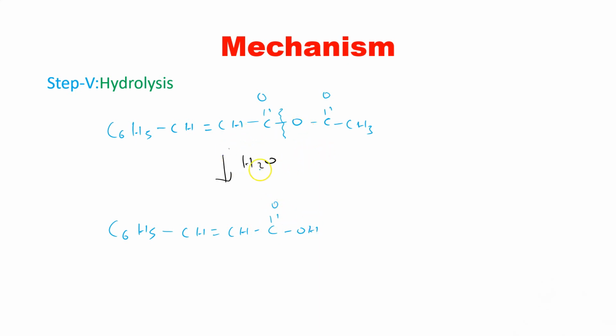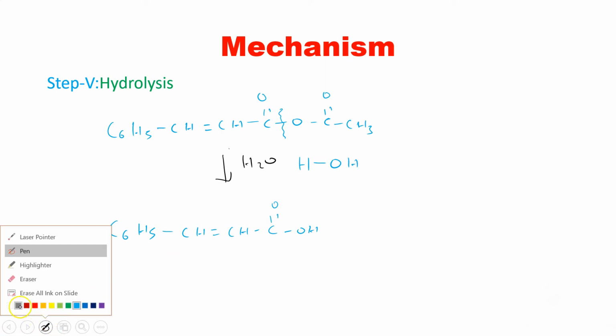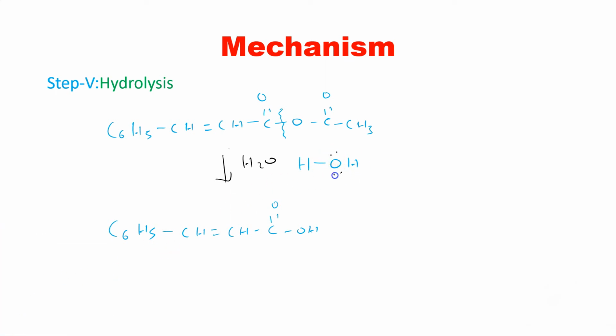So when this H and OH and H, see here the breaking will be in such a way that this oxygen lone pair will carry the electrons with itself and it will attack the electron deficient carbon where it will get attached to the carbon, and now there will be breaking of this bond.